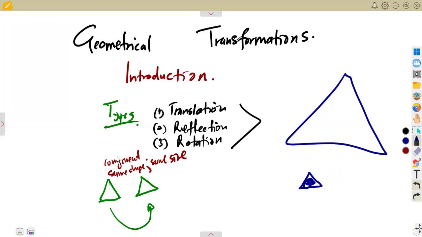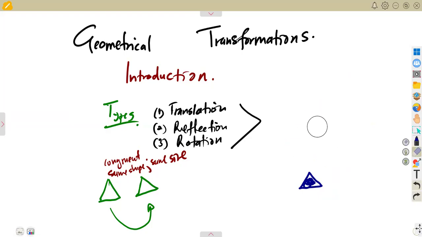Because these transformations are from figures that are congruent, of the same shape, same size. This one, the size has changed, so we cannot think of a rotation there.